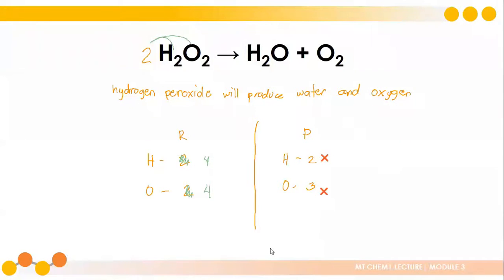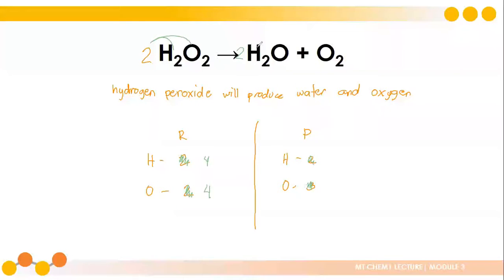What you need to adjust now is the product side. Let's take a look at this one. In order to increase both hydrogen and oxygen, we'll be adding 2 in this water compound or water molecule. Let's try to input their new amount.